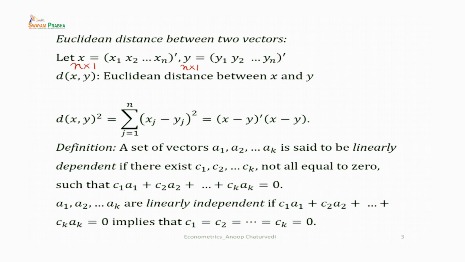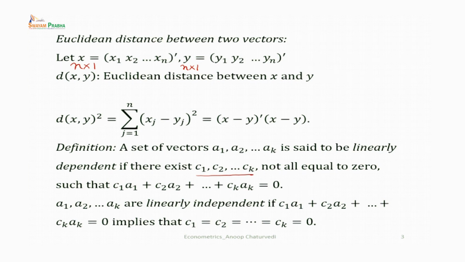Then we define linearly dependent and linearly independent sets of vectors. Suppose you have a set of vectors a1, a2, ..., ak. So, we have k vectors a1, a2, ..., ak. These vectors are said to be linearly dependent if there exist k constants c1, c2, ..., ck, which are not all equal to 0, such that c1 a1 plus c2 a2 plus so on plus ck ak is equal to 0.